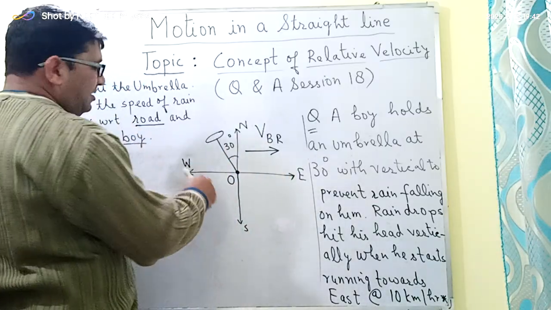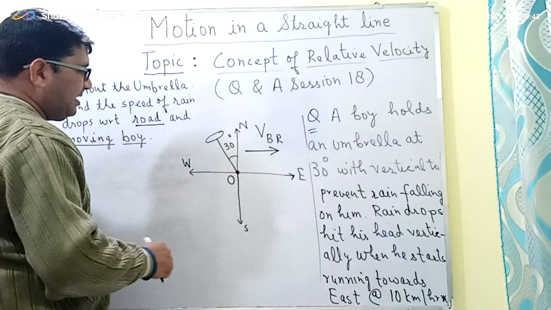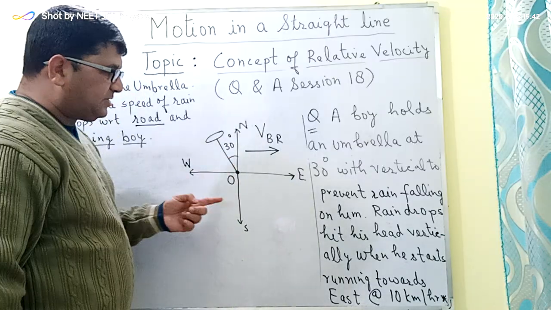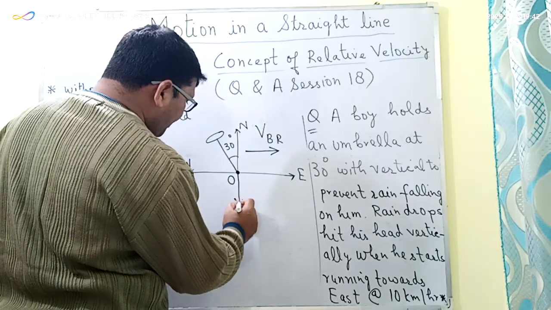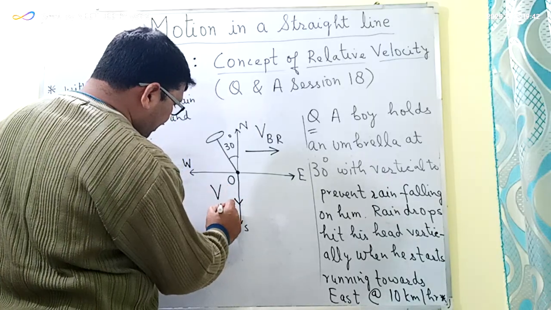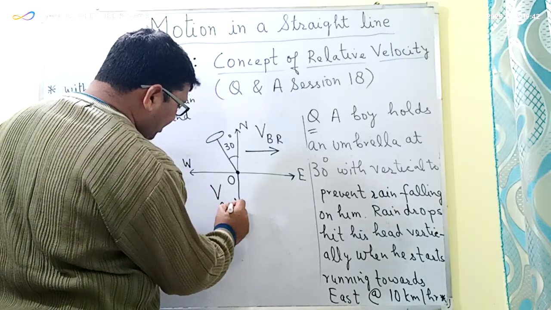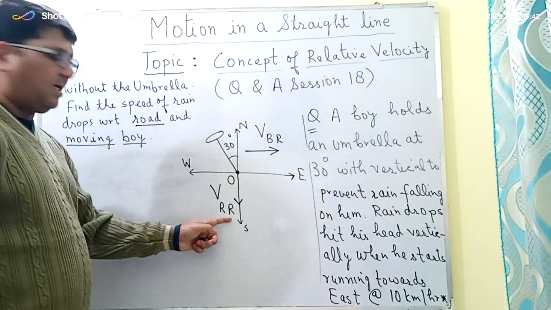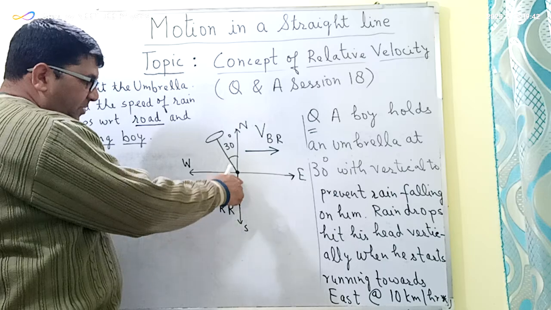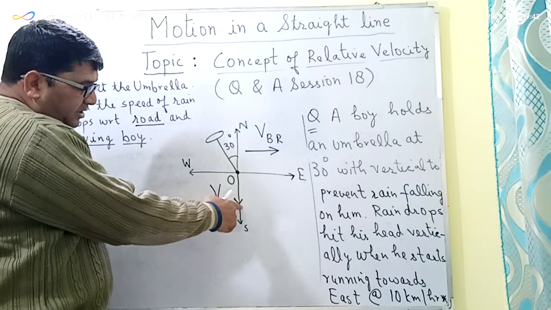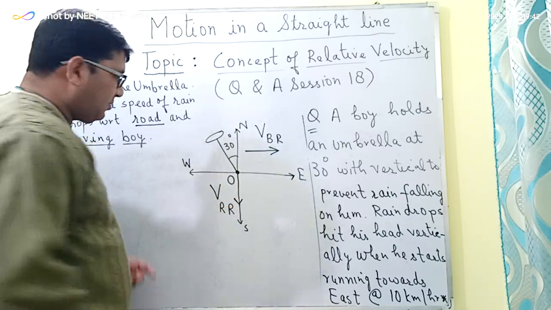Now when he is running towards the east without the umbrella, and the raindrops are hitting his head vertically downward, the velocity of the rain with respect to the road, VRR, will be along the direction as shown by this arrow.